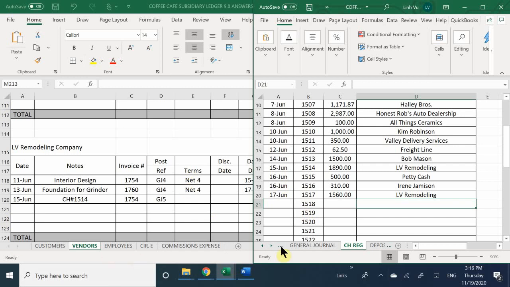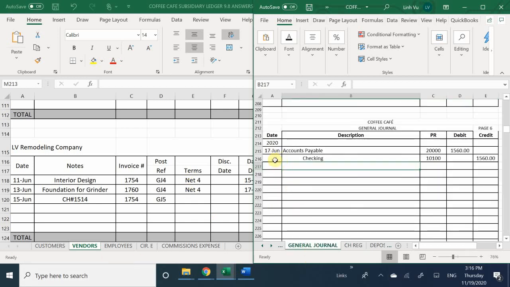So let's go back to the journal, 1517. And then for notes, pay invoice number, would you put that? Or, oh, no, the vendor name, right?